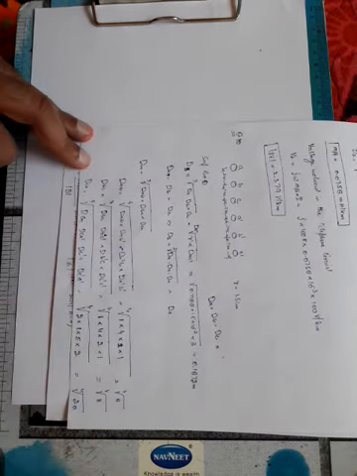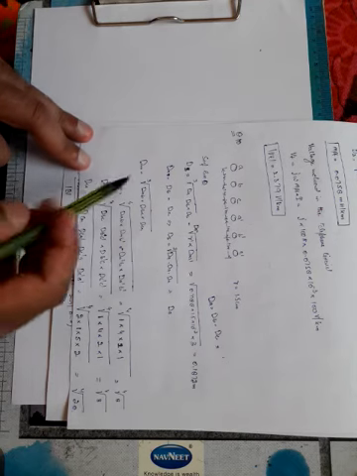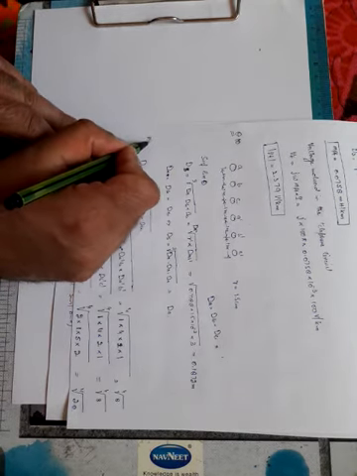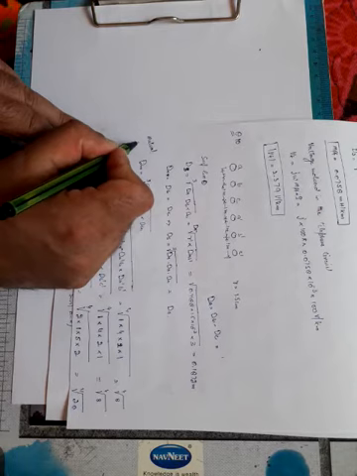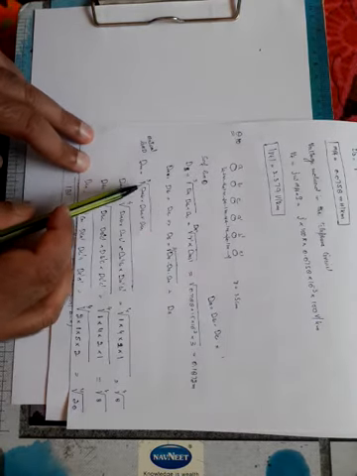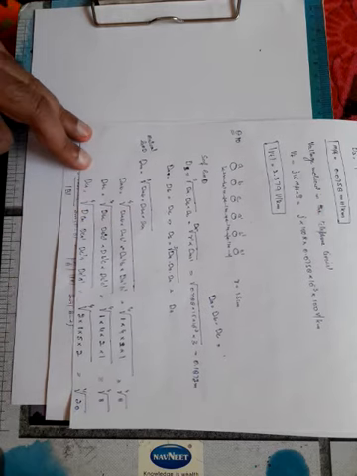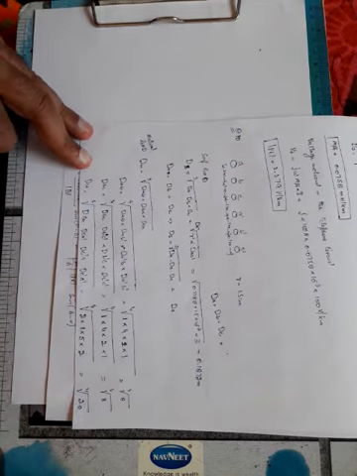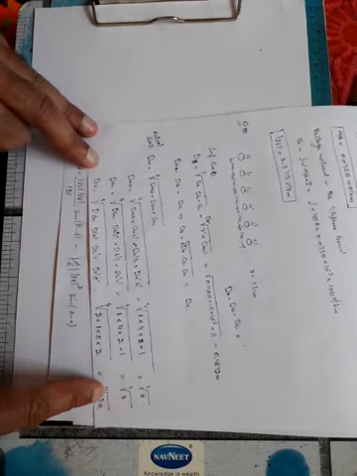Similarly, the mutual GMD, that is DM, is equal to the cube root of DAB, DBC, DCA. This has also been explained in the class in detail.